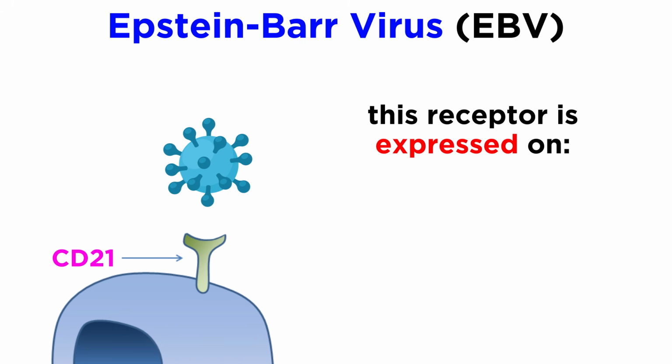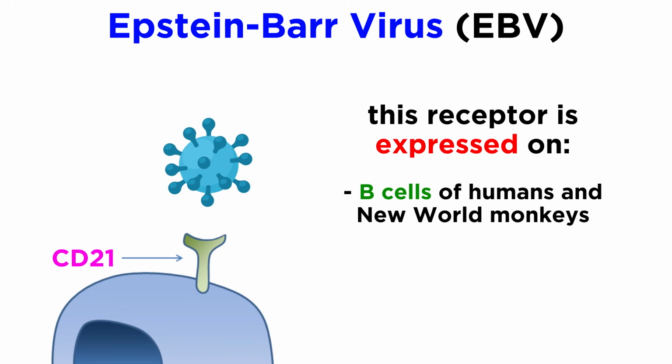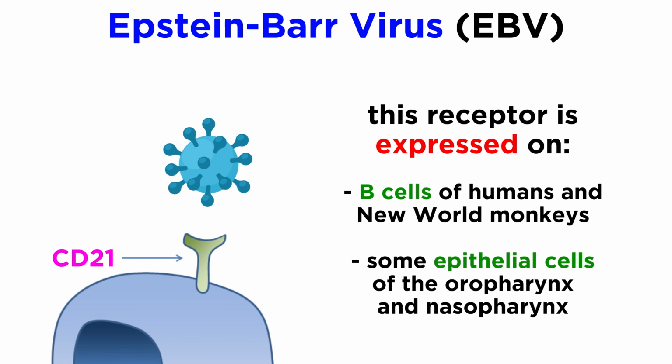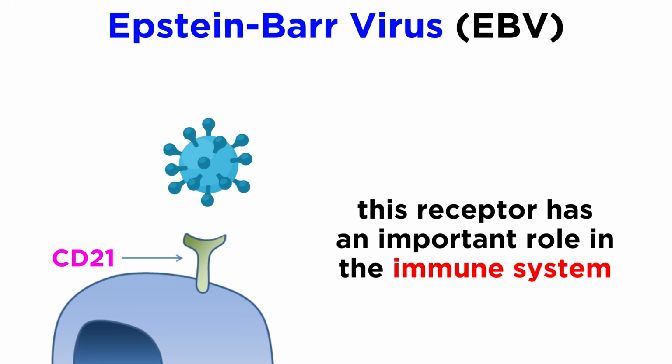CD21 is expressed on B cells of humans and, interestingly, also New World monkeys, and on some epithelial cells of the oropharynx and nasopharynx. The trouble is that CD21 is also an important receptor within the innate immune system, so complications that may arise have slightly higher stakes than other viruses or receptors.